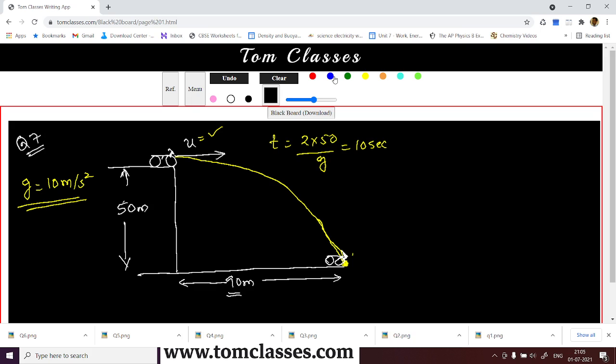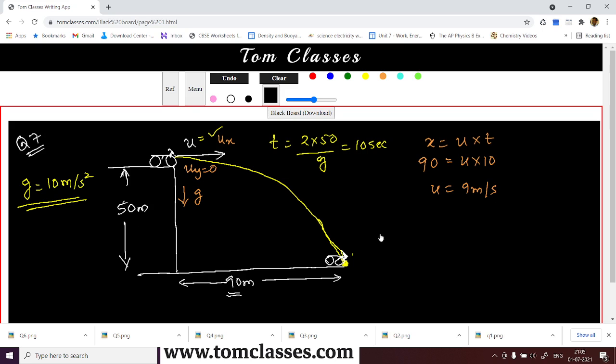So this horizontal distance, x, is the x component, and it is going to be u into t, because u is equal to ux only here. Uy is 0, but g is acting downward. So this is equal to 90, and this time is 10, u into 10, right? So u has to be 9 meter per second.